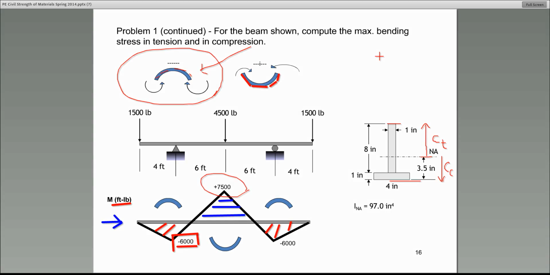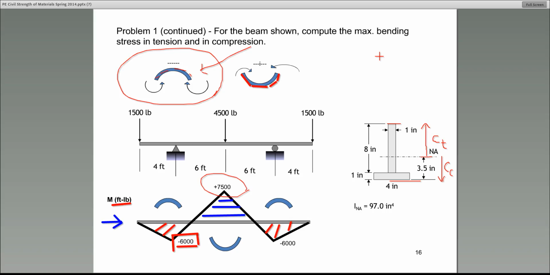All right? However, if the cross-section that's given is non-symmetrical like this one, then you look at the moment diagram. If the entire moment diagram is positive, or the entire moment diagram is negative, then you do not need to do double analysis.